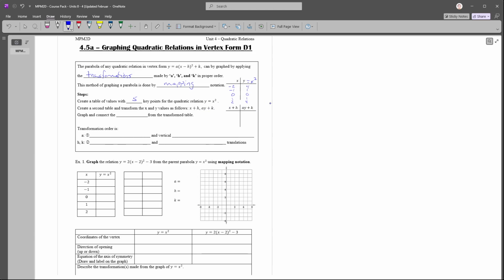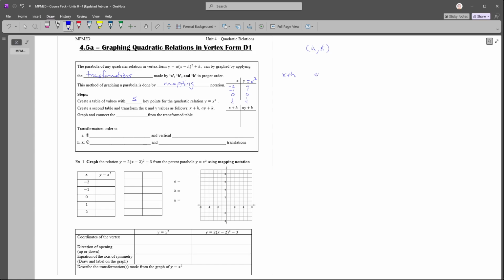Where does this come from? Well, x plus h. Remember where our vertex is. Our vertex is always at (h, k). So if I take the original x value and add on h to it, I'm adding on the horizontal shift, the horizontal transformation. Remember, that's what h represents, how much we're transforming it horizontally. So we're just saying, let's map it to its new location by simply adding h to it.